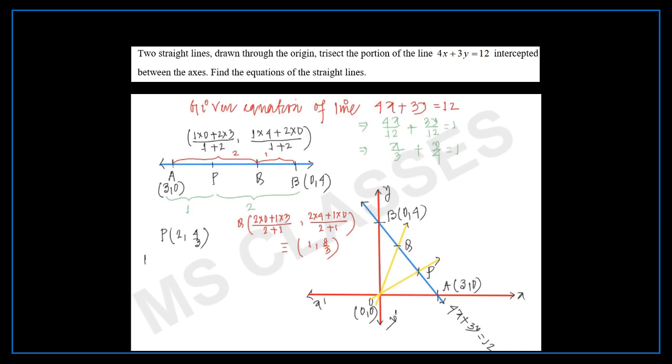For OP, I'll consider O as x1, y1 and P as x2, y2. So y minus y1 equals (y2 minus y1) by (x2 minus x1) into (x minus x1).